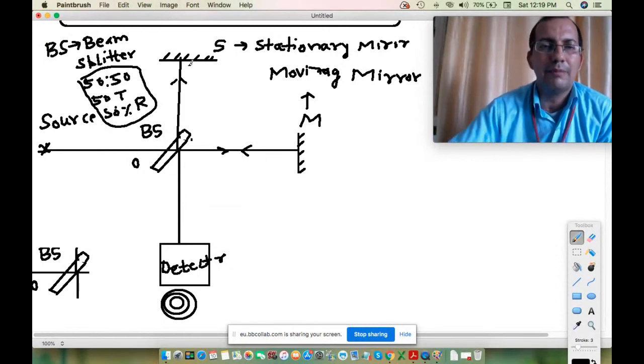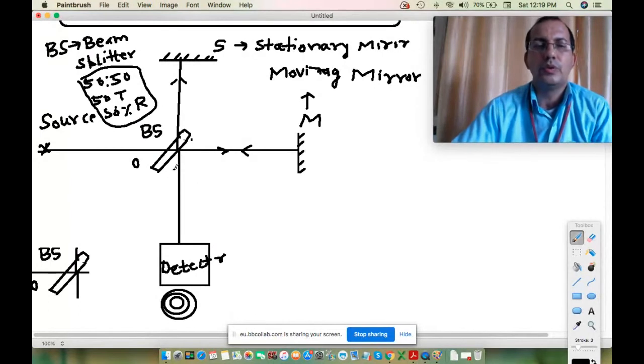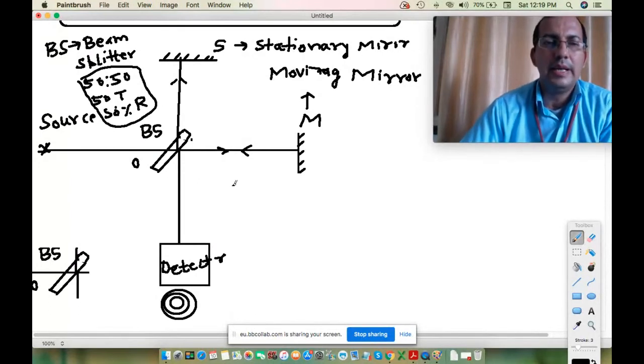In the second case, this ray of light goes once, it goes a second time, and then it goes a third time. It will come back and then go to this one. Let's say this is ray number 1, which is going to the movable mirror.